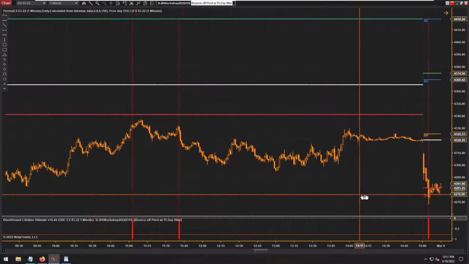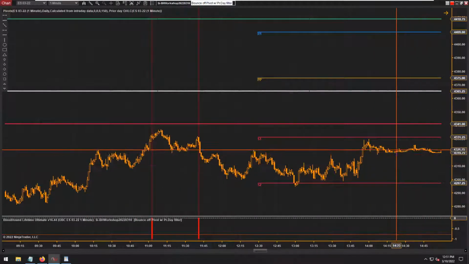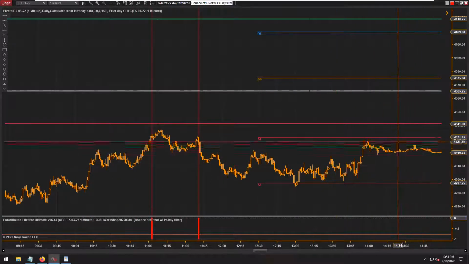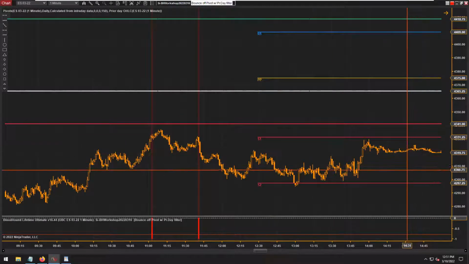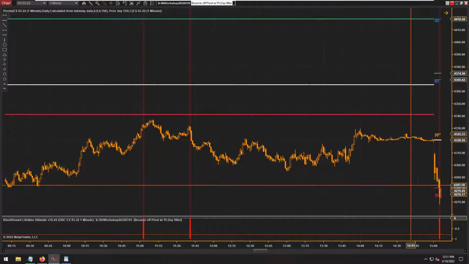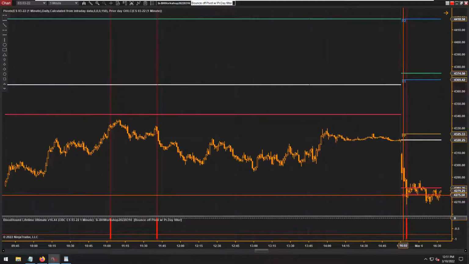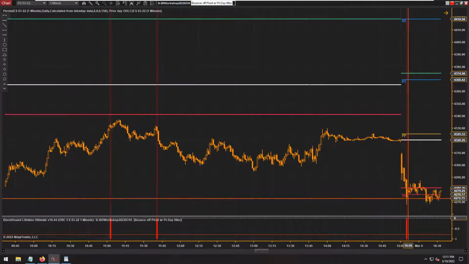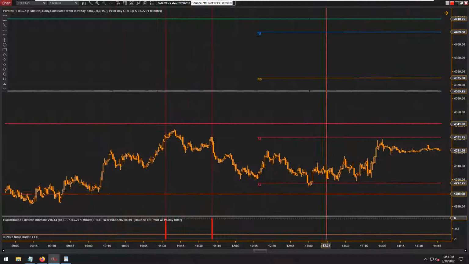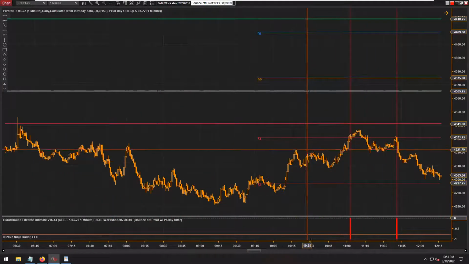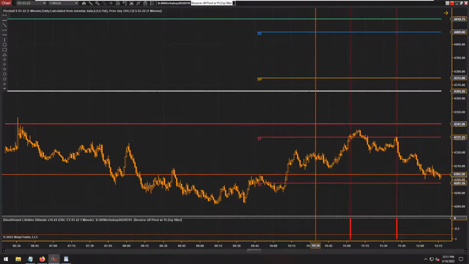And that's because on the prior day, here, we have that separation from S1. Then we go into the next day, and it tricks the system into thinking we got the bounce off of S1. But looking here, there we go. So we got a couple of bounce signals.